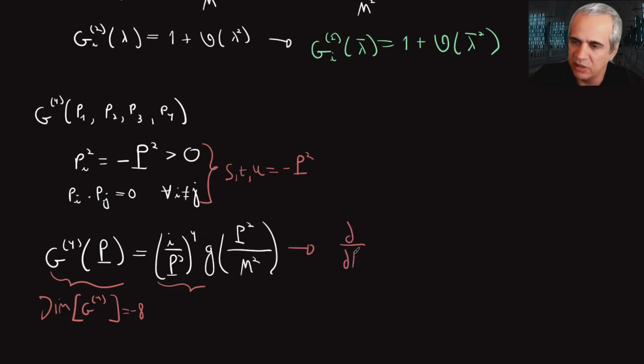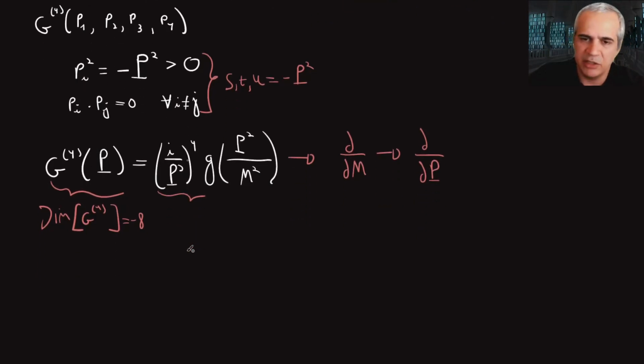That means now we can do the same thing we did before. I can exchange the derivatives in the renormalization scale for derivatives in the external momenta, and rewrite the Callan-Symanzik equation. The only real difference is now this dimension, which is 8, before was 2. And that means now when I exchange these for that, instead of a gamma minus 2, I'll have a gamma minus 8.